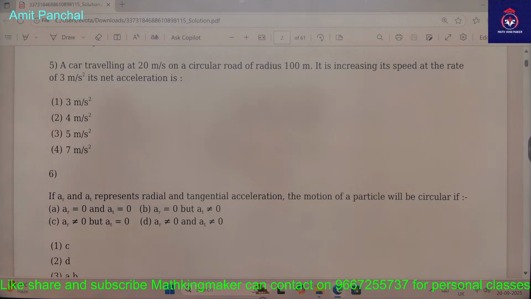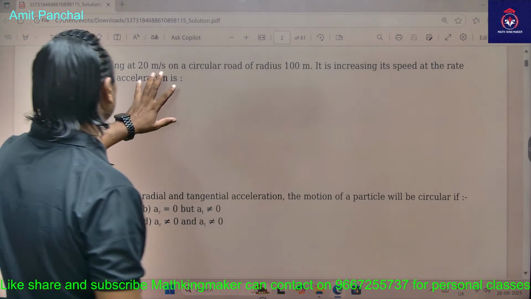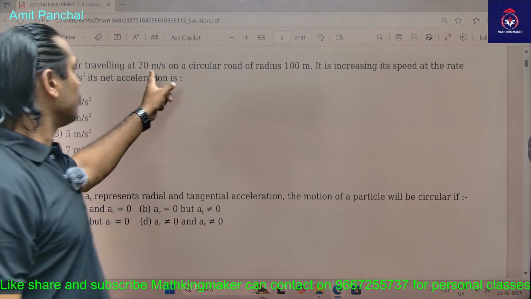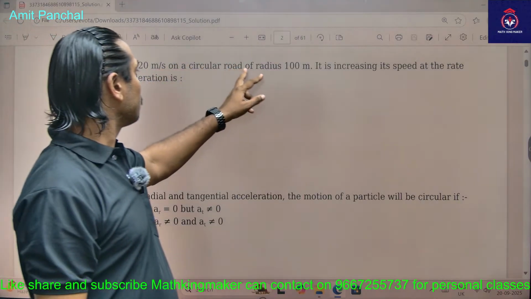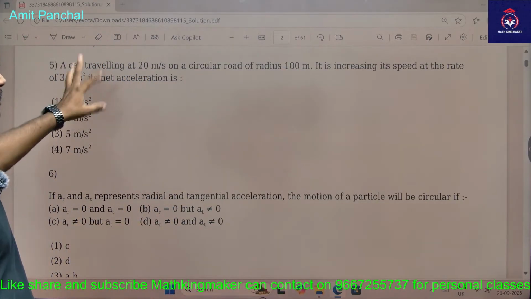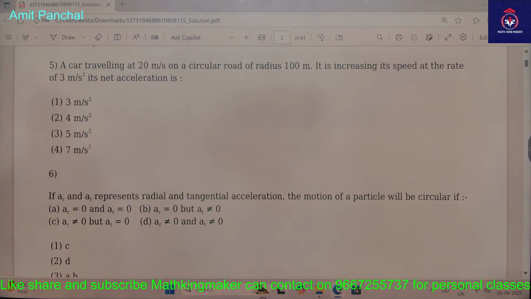A car traveling at 20 meter per second on a circular road of radius 100 meter is increasing its speed at the rate of 3 meter per second square. That means the tangential acceleration is given. So it is increasing its speed by 3 meters per second every second, isn't it?